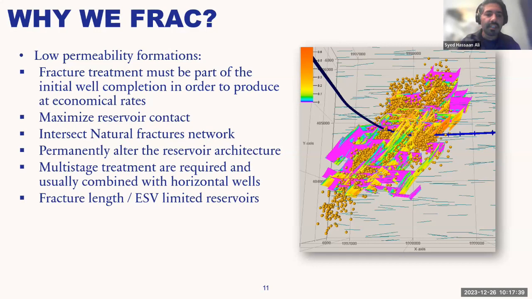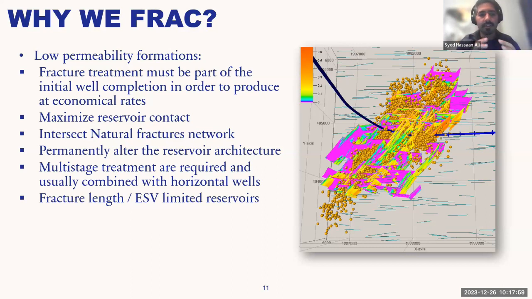And then multi-stage treatment, as I mentioned earlier, is not a single frac. Single fracs are more applicable on high permeability formations, which we discussed earlier, mature formations, in which you just frac a single zone. A single zone is extended vertically, so you will be able to produce it in one stage frac.